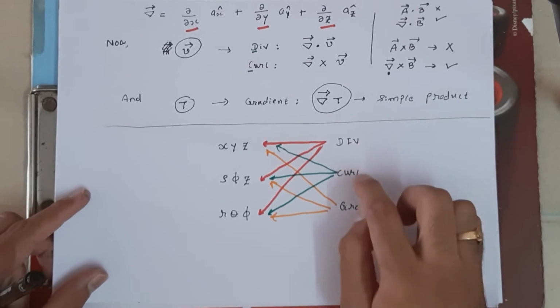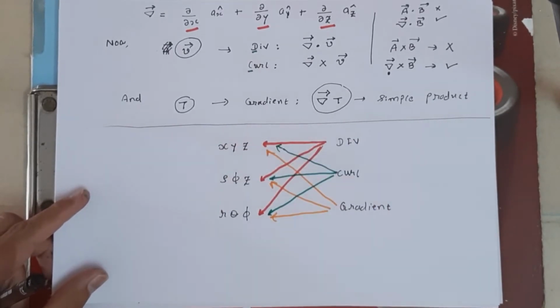So in today's lecture, we will discuss the equations of divergence, curl, and gradient in all the three coordinate systems. I will give one shortcut method to remember all those things.